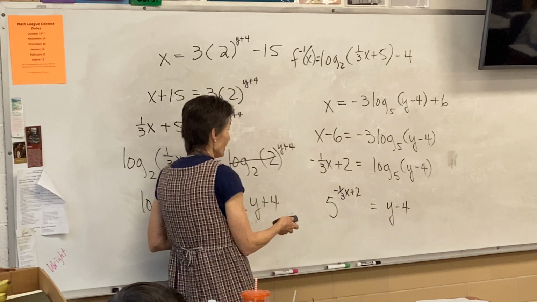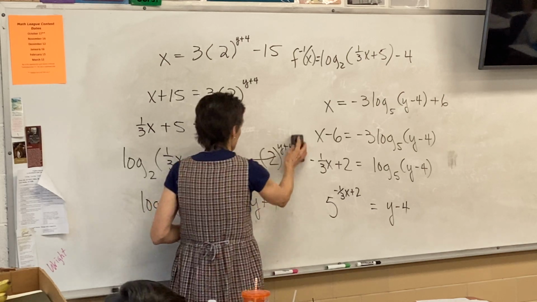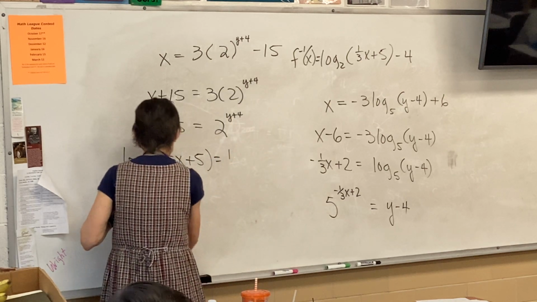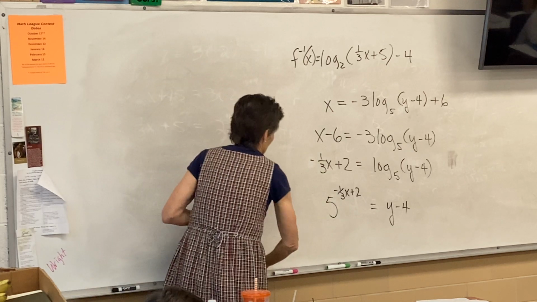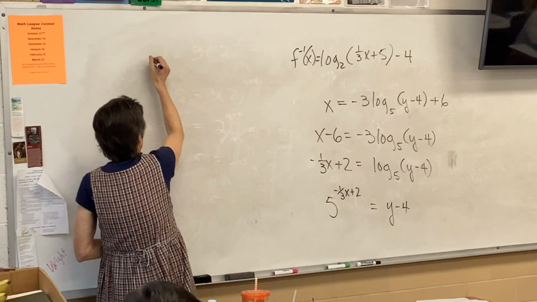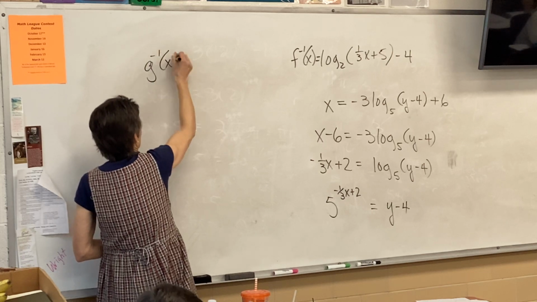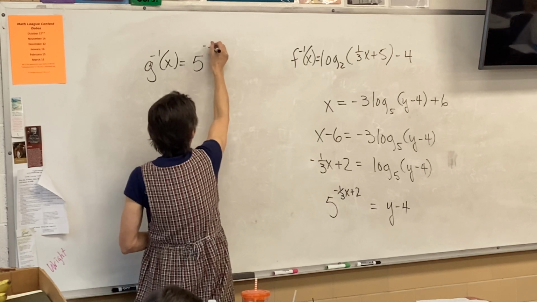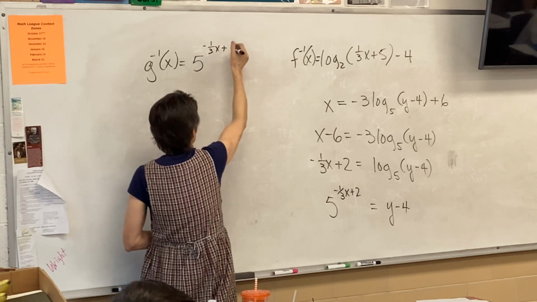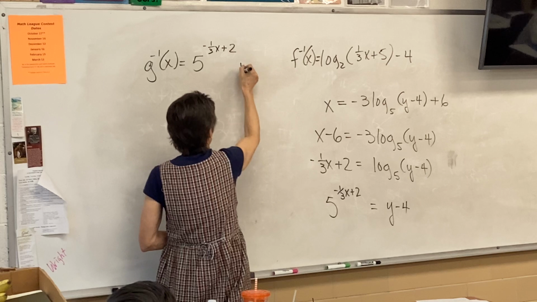Now, it's not pleasant, but the original wasn't pleasant either. I mean, so we're not really expecting something beautiful to come out of this. My inverse is going to equal 5 to the negative 1/3 x plus 2 plus 4.